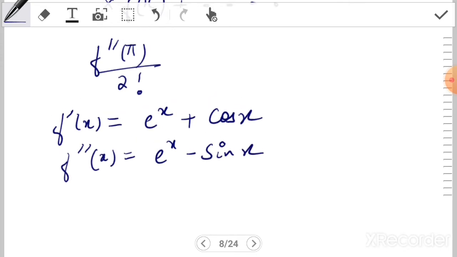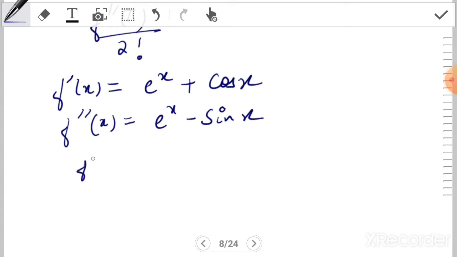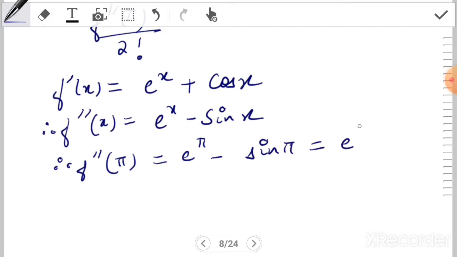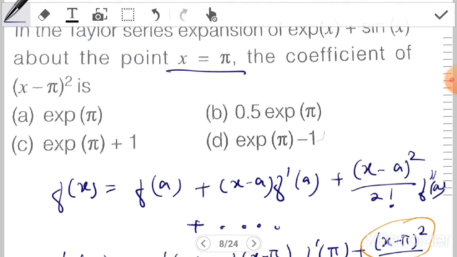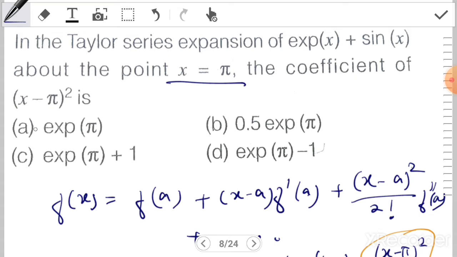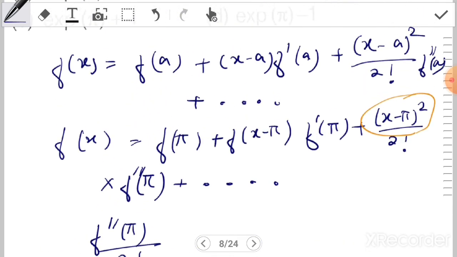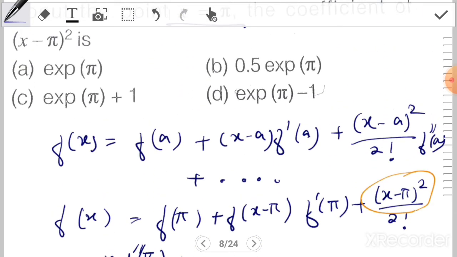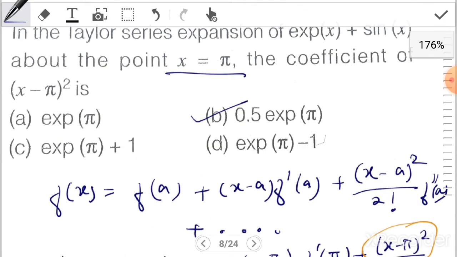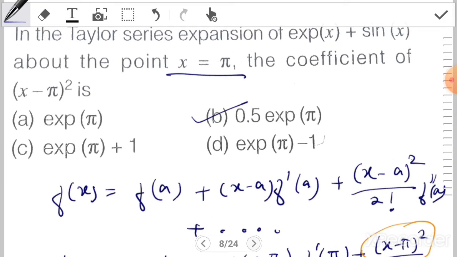Now put x equal to pi, so f double dash pi is equal to e power pi minus sin pi. Sin pi is 0, so we have e raised to the power pi. So B is the answer, because e raised to the power pi by 2 factorial is 0.5 times exponential pi, right? Let's go to the next problem.